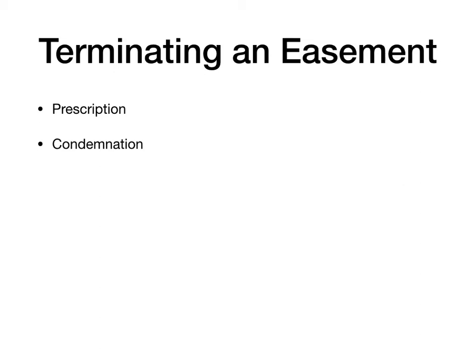So you may be familiar with eminent domain. Well, eminent domain involves condemnation, right? Another way to refer to this is a taking. A taking is, again, when the government takes private property for a public purpose.